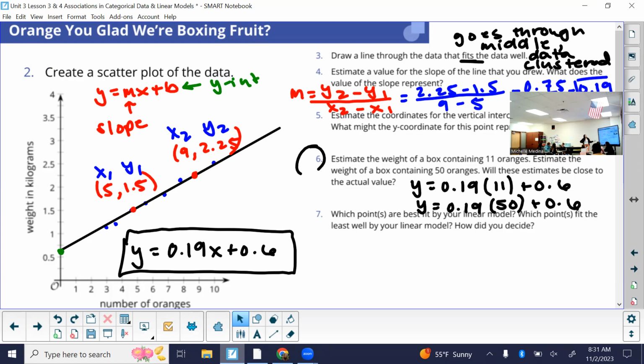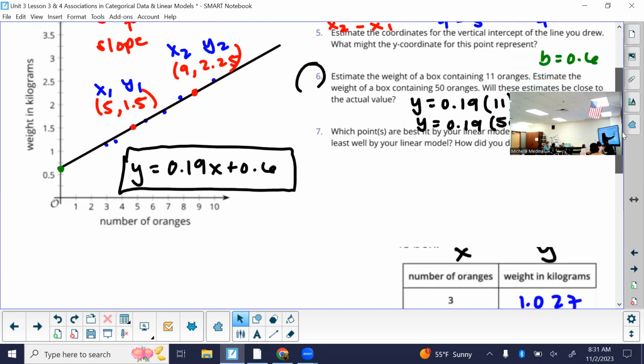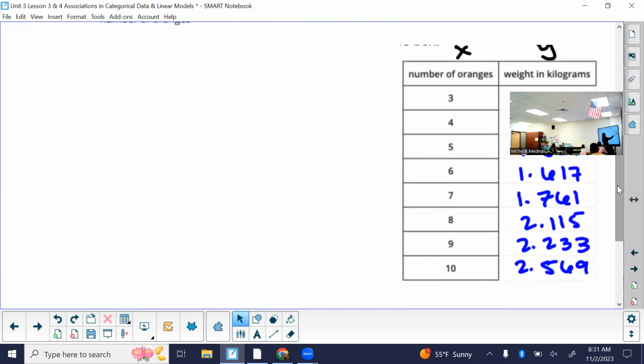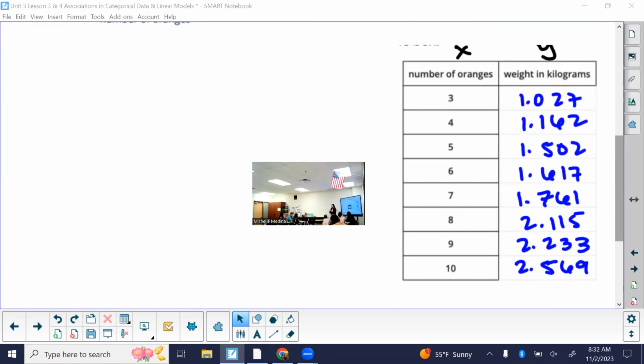What is changing? For this experiment we collected data, what changed each time? Maybe if I pull up the table, you remember. The weight changed each time, and it changed every time one orange was added.